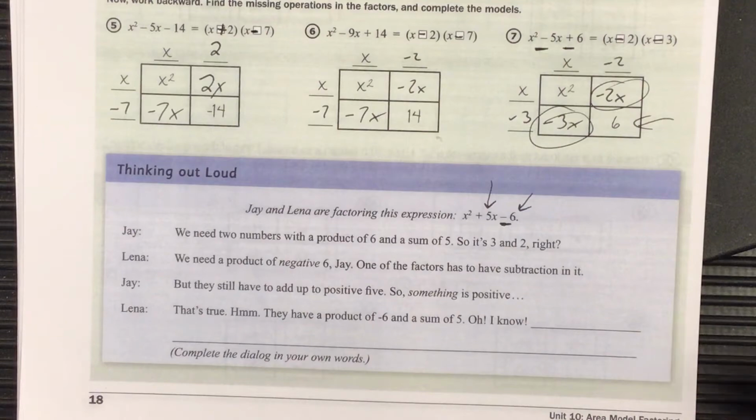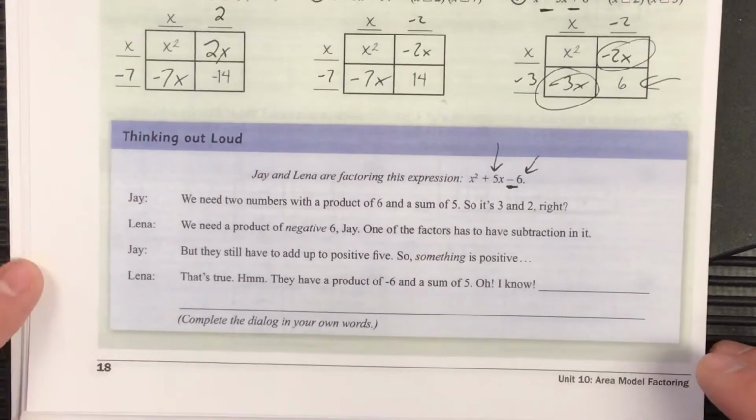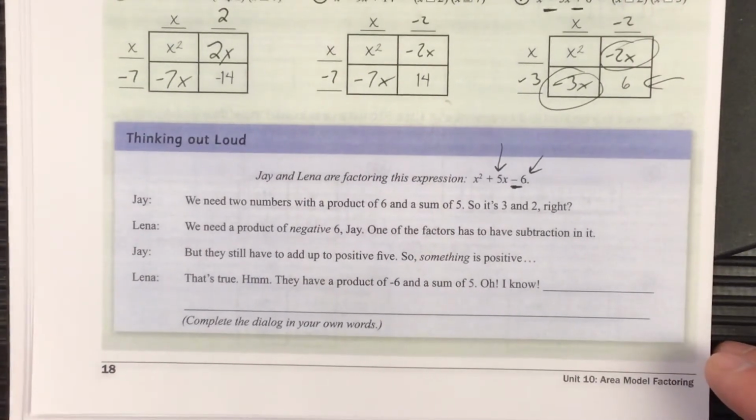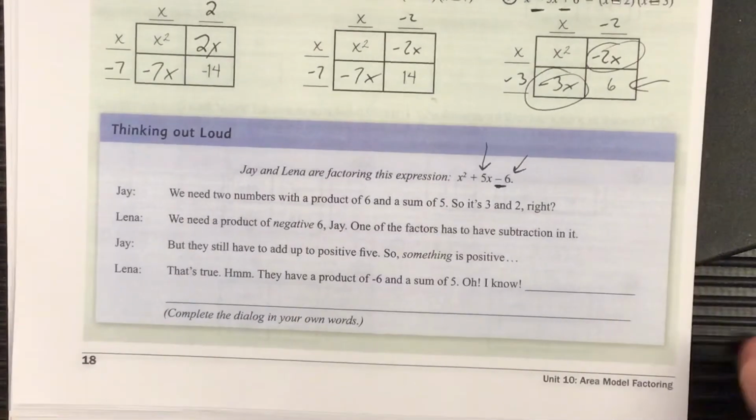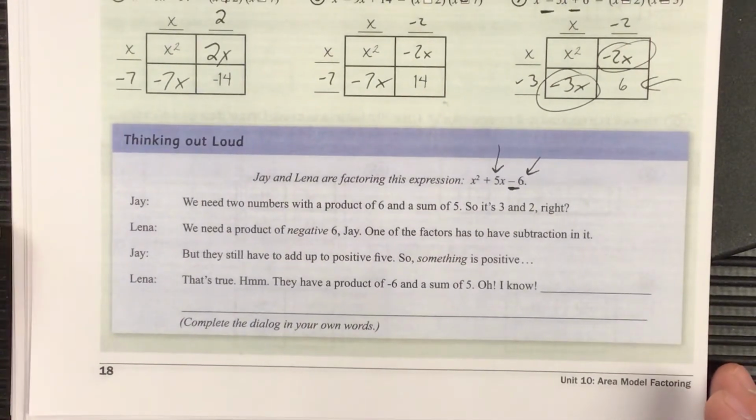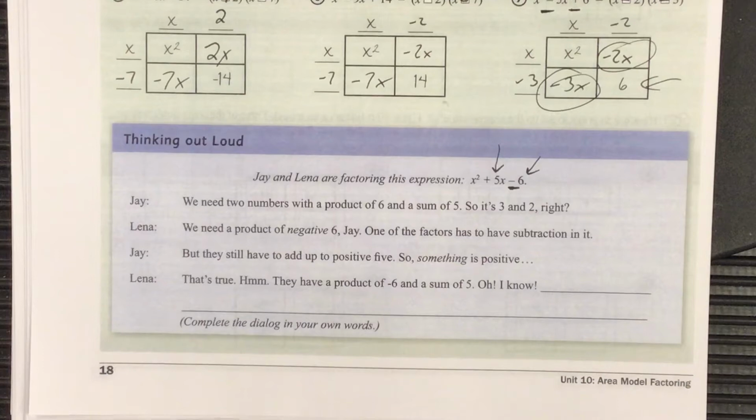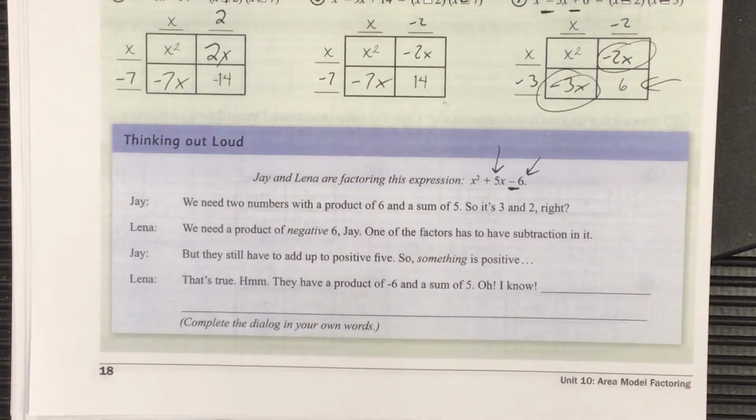They have to have a product of negative 6 and a sum of 5. What do you think? Factors of negative 6 that will add up to 5.